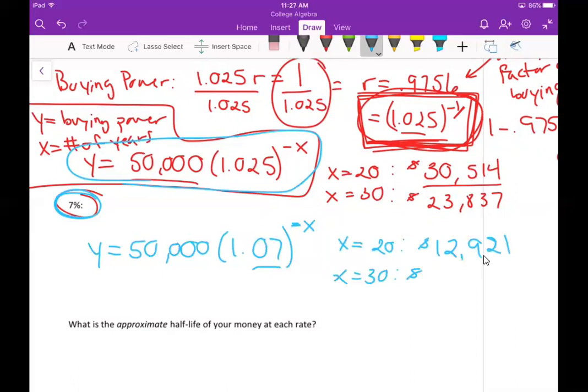Crazy. After 30 years of this, your buying power of that $50,000 would be down to almost $6,500. So you still have $50,000, but it can only buy something that would have cost $7,000 back when you put that $50,000 under your mattress.